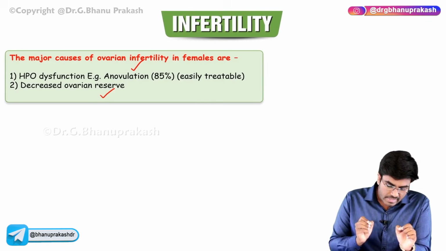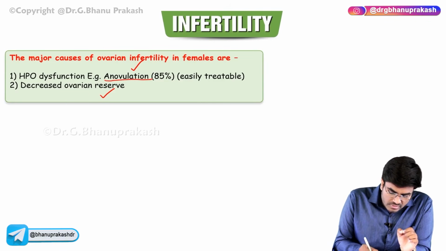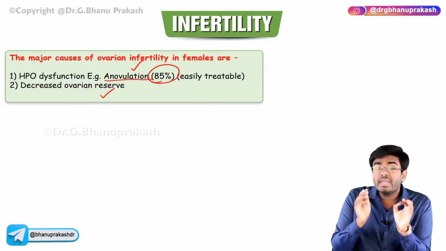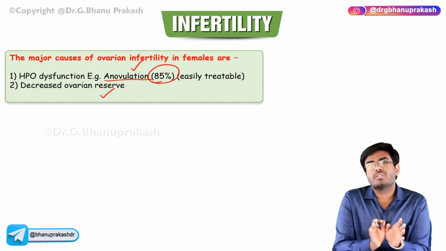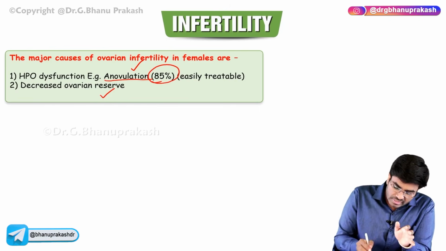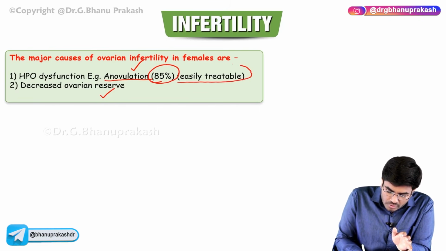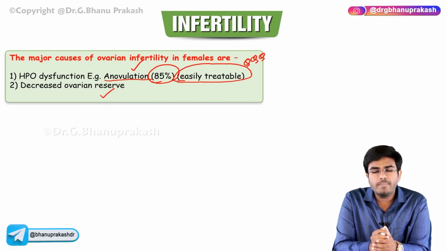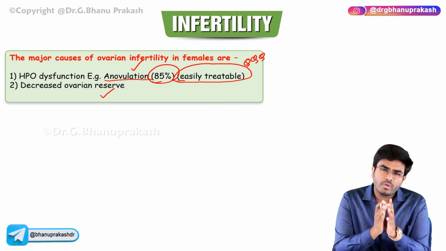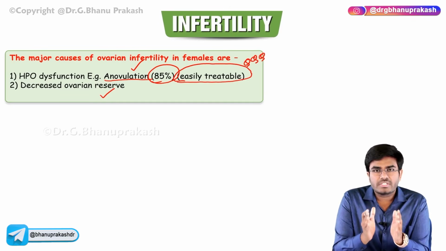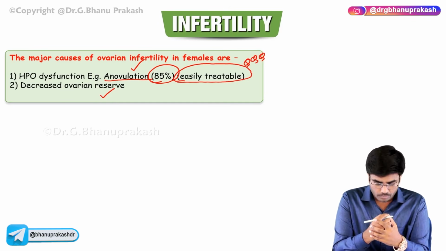Important point is that anovulation accounts for most of the cases. In 85% of the cases, the infertility is mainly because of the anovulation, and we can easily treat this anovulatory infertility. So which form of infertility is easily treatable? Anovulatory infertility is easily treatable, and also we know the most common cause of anovulation is polycystic ovarian syndrome.